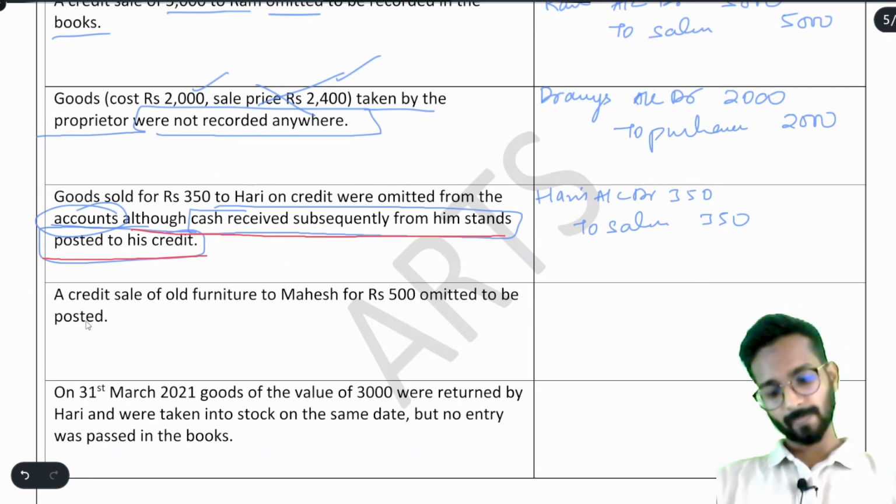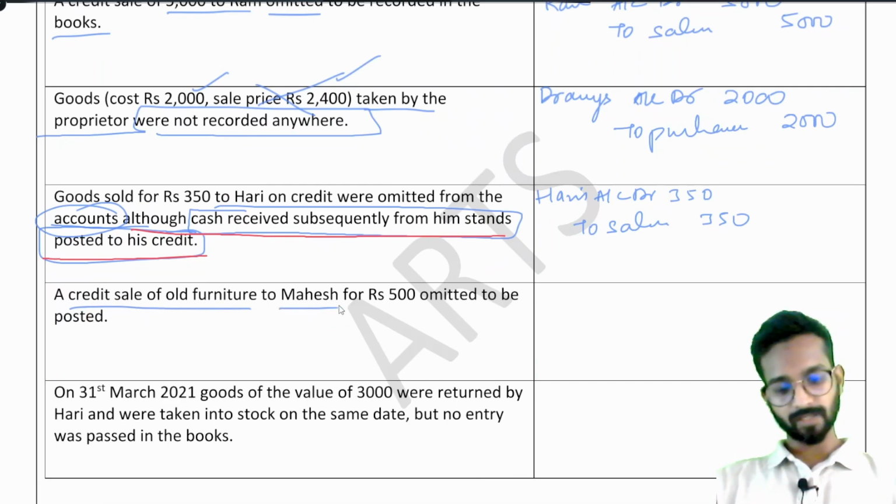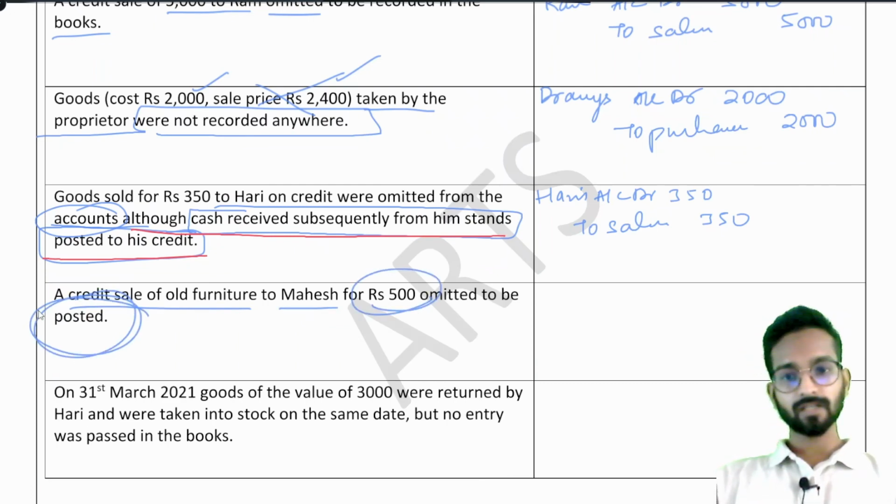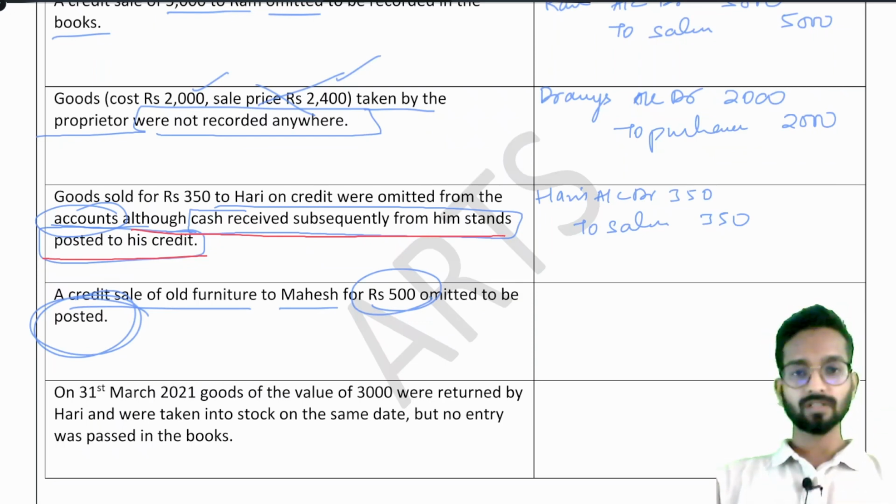Simple. Then a credit sale of old furniture to Mahesh for rupees 500 omitted to be posted. It means what? We have recorded it, but we have not posted it into the ledger account. That journal entry has been passed, but they have not posted it into the ledger. So it is not an error of omission.